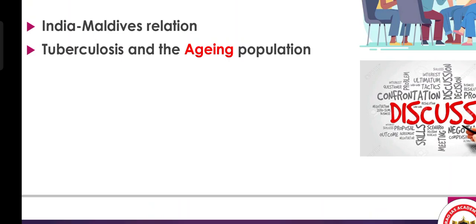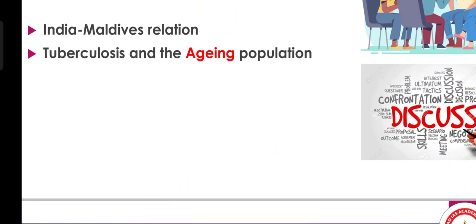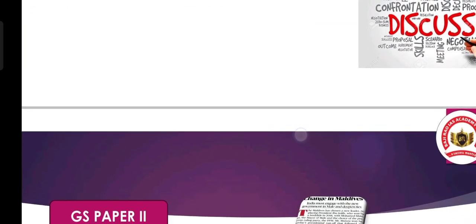But at the same time, what we are seeing is that the incidence of tuberculosis, which is a bacterial infection that occurs mainly in the lungs, is high in the elderly or old age population. We will see the data as well. Okay, so what should be the process, what should be the approach, the article discusses that. Okay, so let's start the discussion.